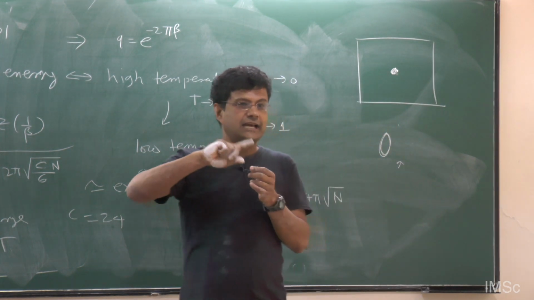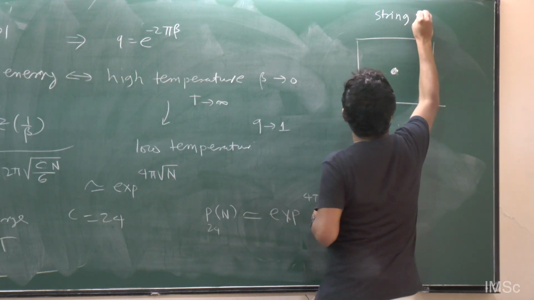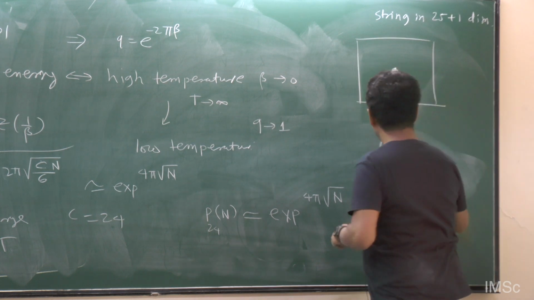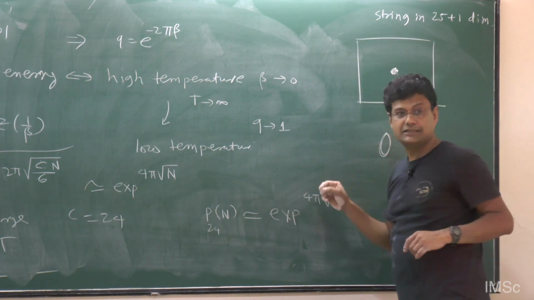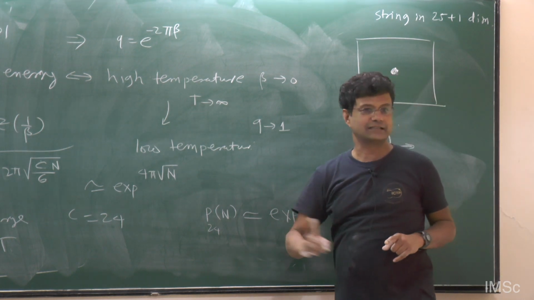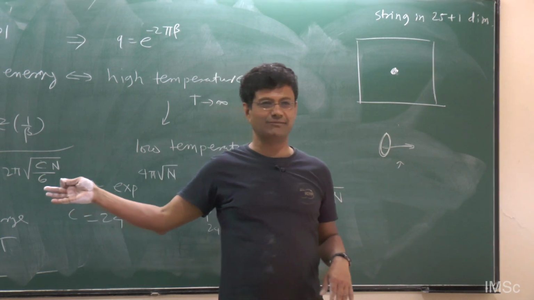Okay. So it is in 26 dimensions. A string in 25 plus 1 dimensions. Suppose you have a string that is wrapping on one of the dimensions. How many transverse directions does it have? It can oscillate only in the transverse directions. 24.